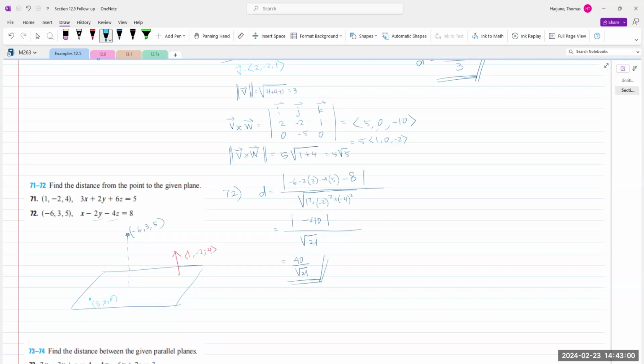I set y and z to be 0, so x equals 8, right? Then I create a vector from that 8, 0, 0 to the point -6, 3, 5. Call that vector v, that will be -14, 3, 5. This is the normal vector here.